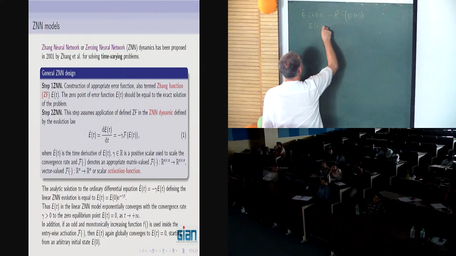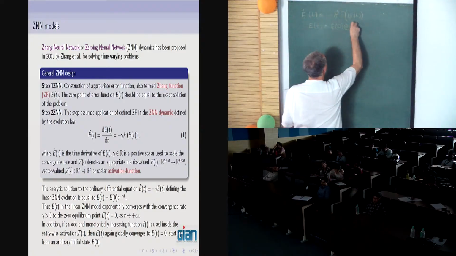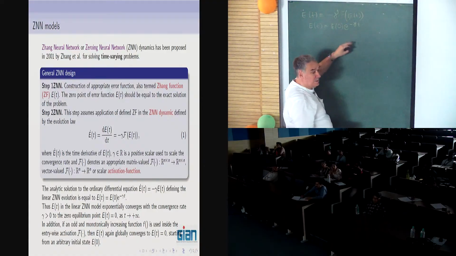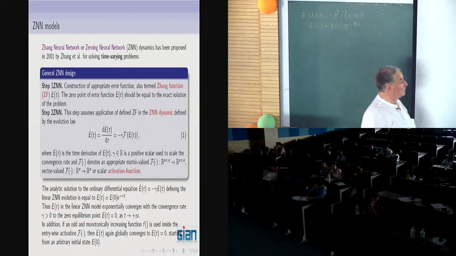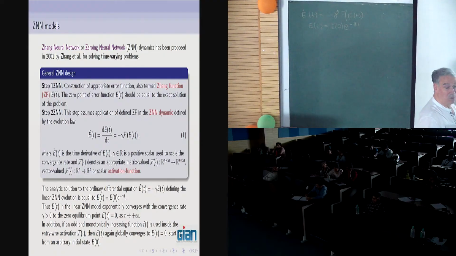The exact solution is such that if we use the limit with t tending to infinity, this term will go to 0, and E of t will go to 0.